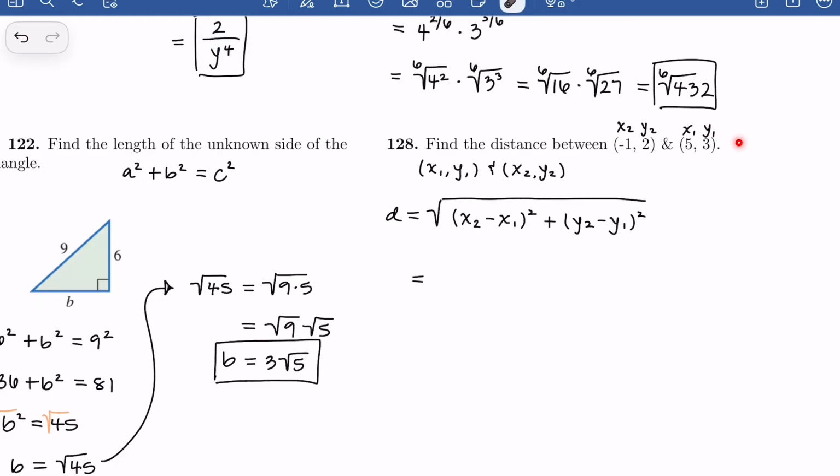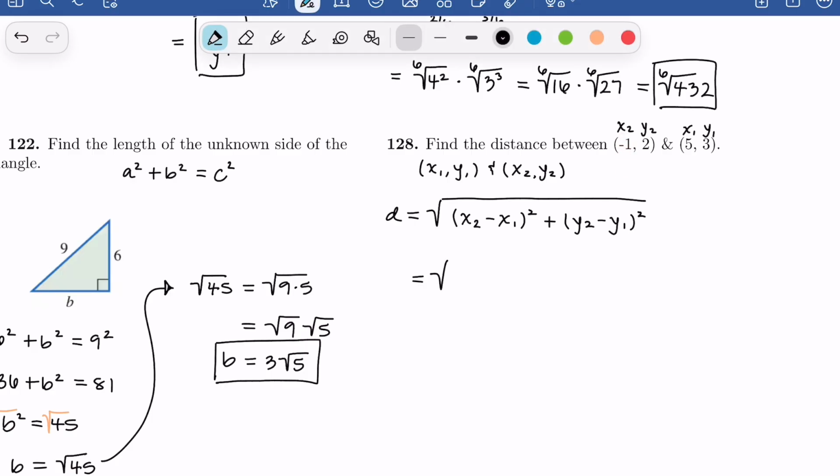Again, it doesn't matter in which way that you label it. This might just be a little bit easier because we have this negative here, so I wouldn't have to subtract a negative. Okay, so we're going to take -1 minus our x sub 1, which is 5, and square it. Then we're going to add this to y sub 2, which is 2, minus y sub 1, which is 3, and square that. And again, this is all under our square root.